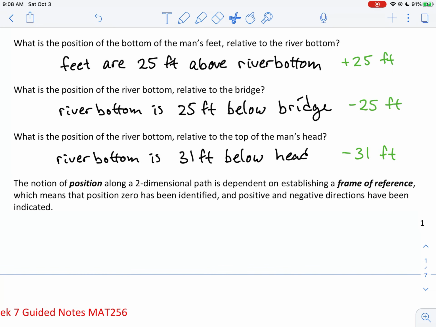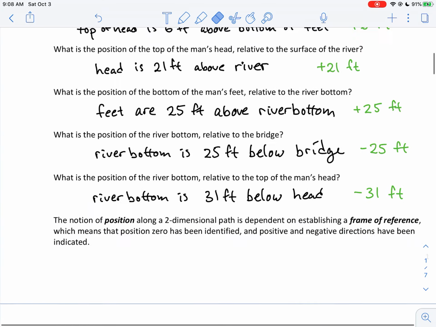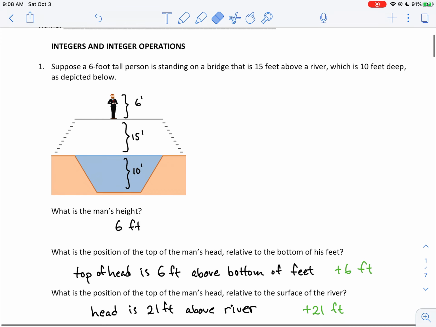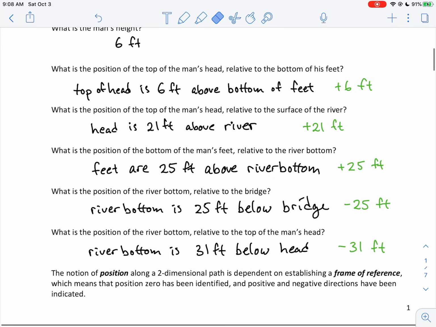So this is what is meant when they say that to establish a frame of reference for a position of an object along a two-dimensional path, we need to do a couple things here. We need to identify position 0, say where that is, and then also identify which way we want to be positive, which way we want to be negative. If I had flipped my frame of reference so that going down was the positive direction, then all my answers, their signs, would be flip-flopped.